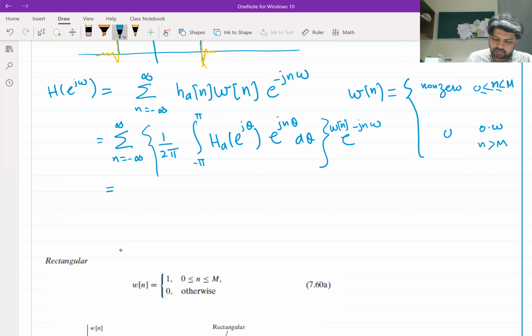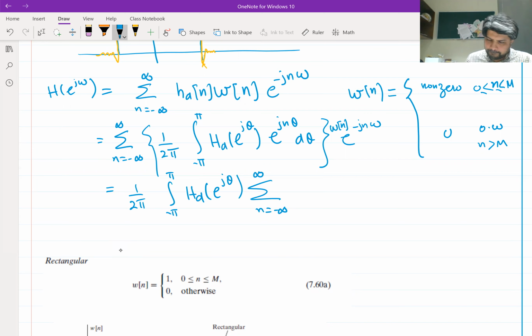If we interchange the order, it would be 1 over 2 pi integral from minus pi to pi hd of e to the power j theta is not a function of n. Summation n equals minus infinity to plus infinity w of n e to the power minus j n omega minus theta.